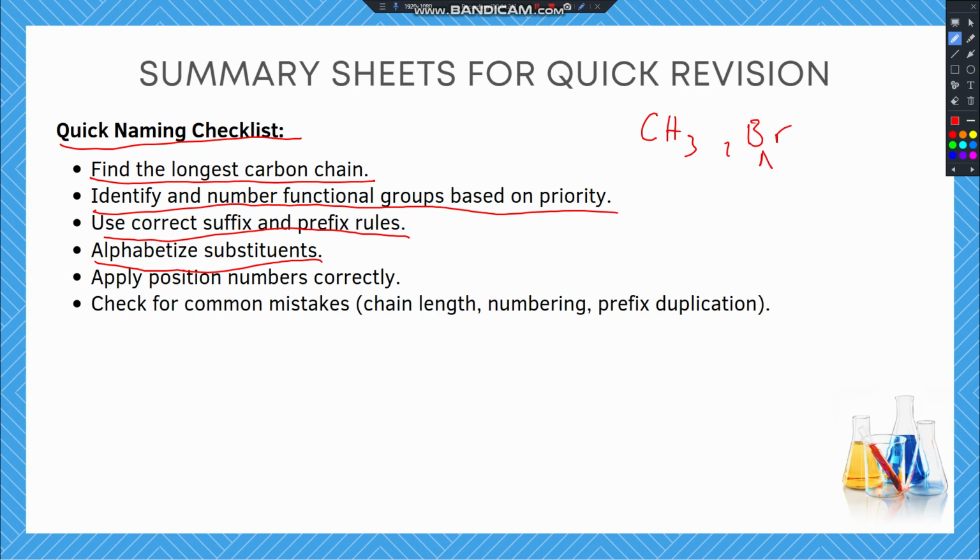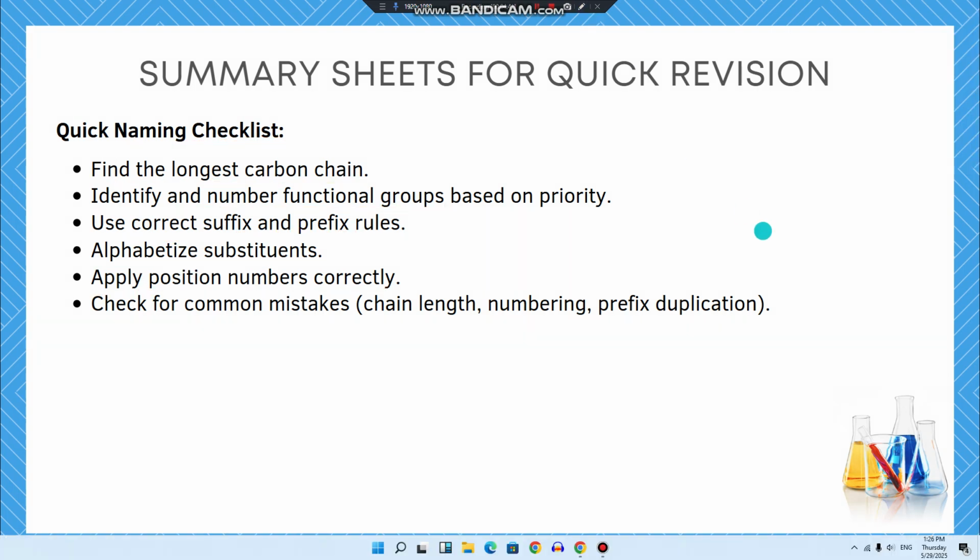We gave priority to bromine because the two of them are equal in priority, but in terms of alphabetization, the letter B comes before the letter M. So the next thing to do is to apply position numbers correctly and then check for common mistakes like chain length, numbering, and prefix duplication.